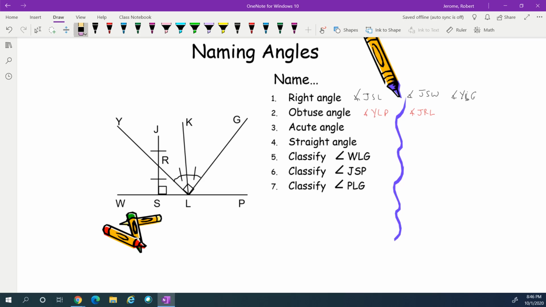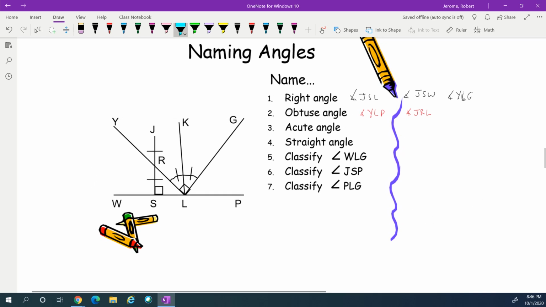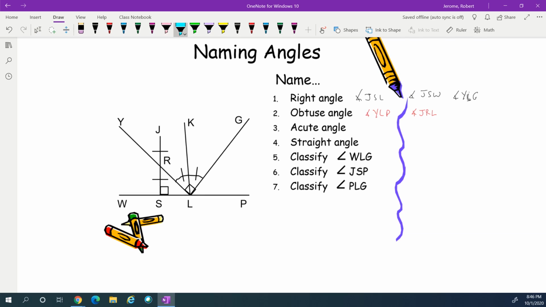Number 3, we're looking for an acute angle. So an angle that is definitely less than 90. And there's some that certainly look it. Let's see. What if we did YLW? That's less than 90. So that'll work. Angle YLW. That's a good one.